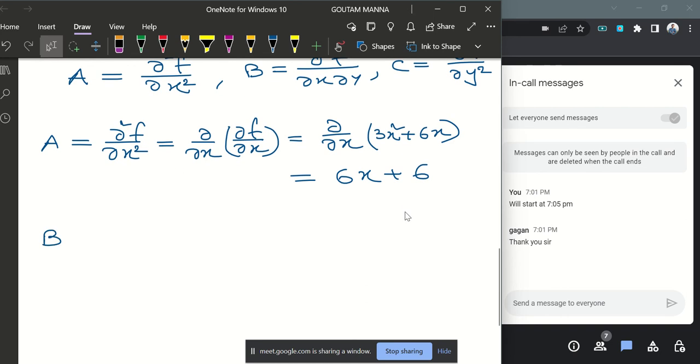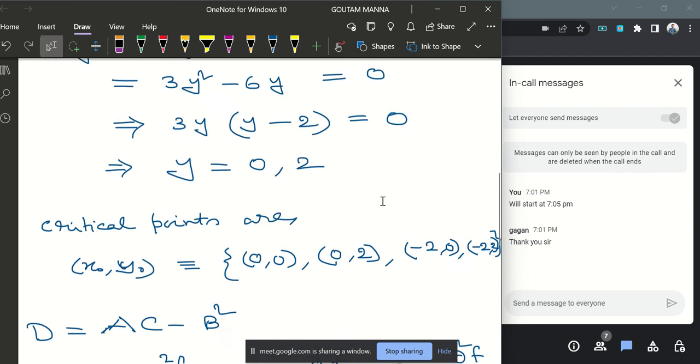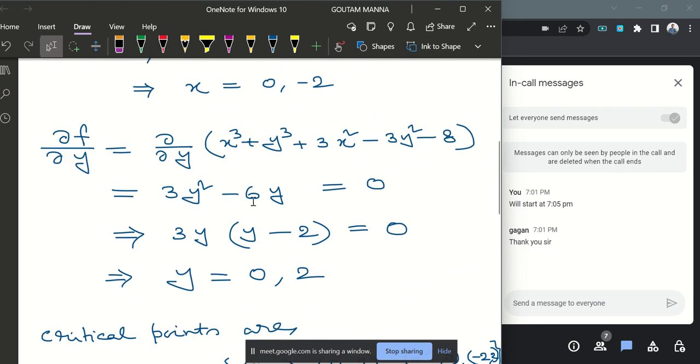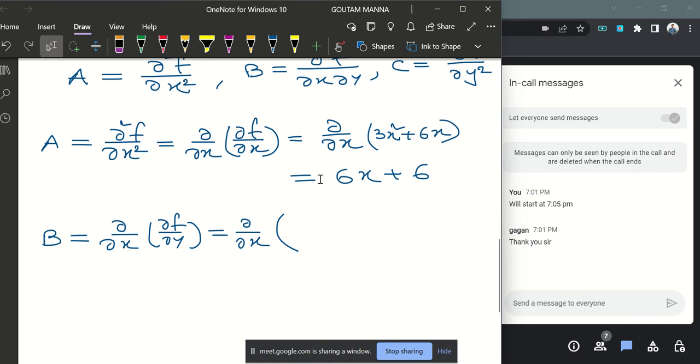Now if you calculate B, it will be del x of del f del y. You already calculated del f del y, that is 3y square minus 6y, and del x of it will be 0, since there is no explicit x dependence.